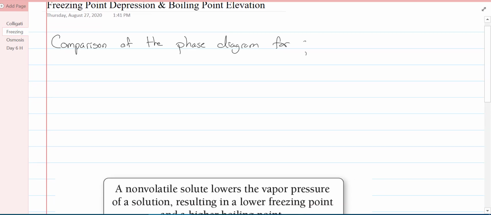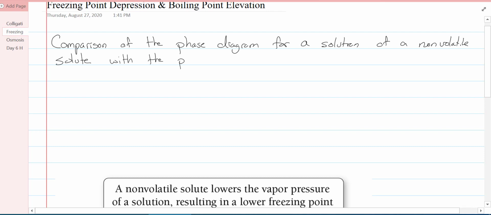The comparison of the phase diagram for a solution of a non-volatile solute with the phase diagram for the pure solvent.